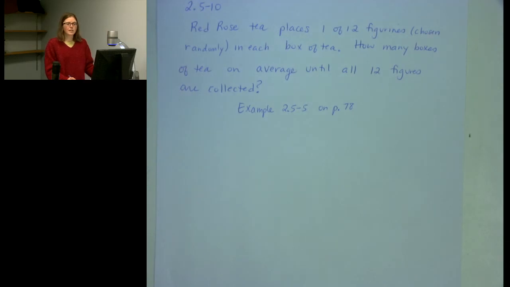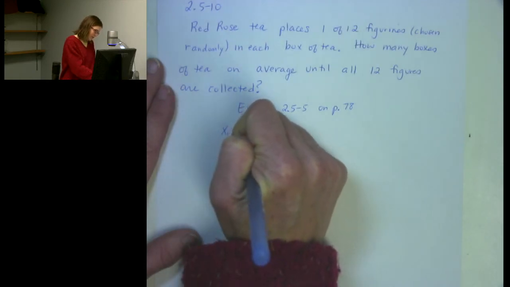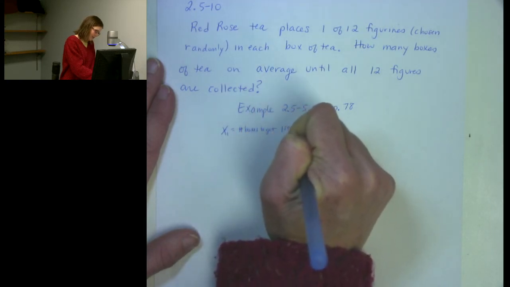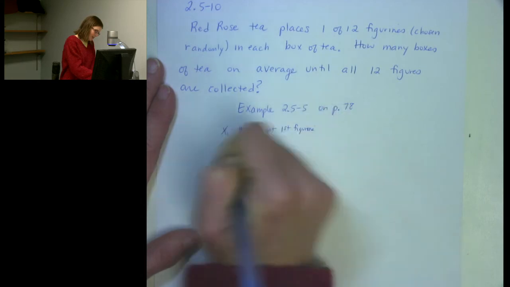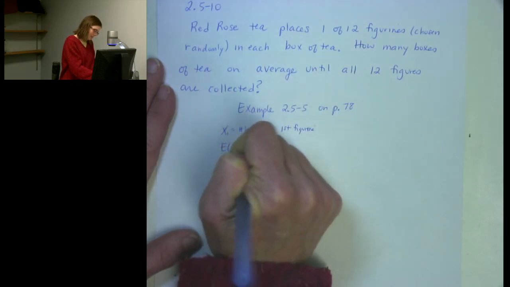The idea here is that we're going to be applying a geometric distribution to answer this question. We know that the first box of tea we buy and open up, the figurine is definitely going to be one we haven't seen before. So if we call X1 the number of boxes to get the first figurine, the expected number of boxes to get the first one is definitely going to be 1.